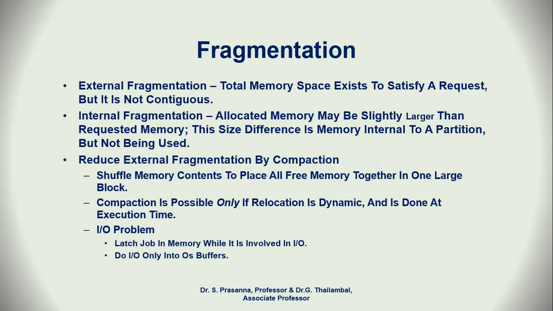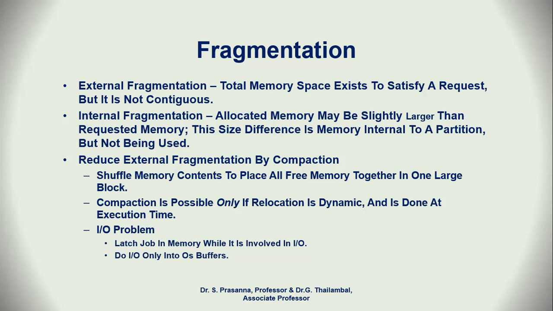And what is fragmentation? When the allocation happens in memory, and when holes are possible, definitely fragmentation is also possible. You have 2 types of fragmentation: external fragmentation and internal fragmentation. What is external fragmentation? Total memory space exists to satisfy a request, but it is not contiguous.